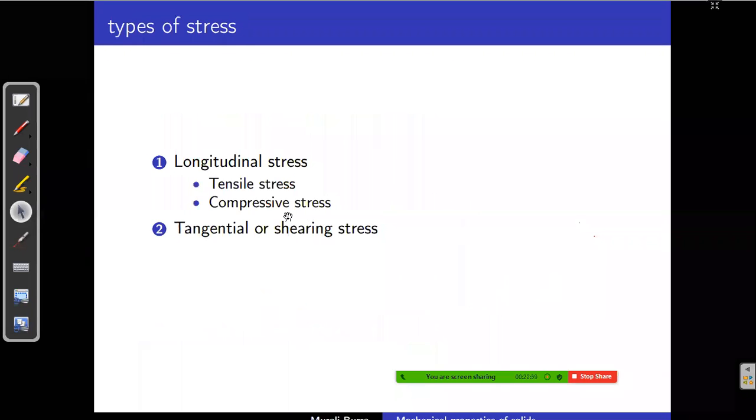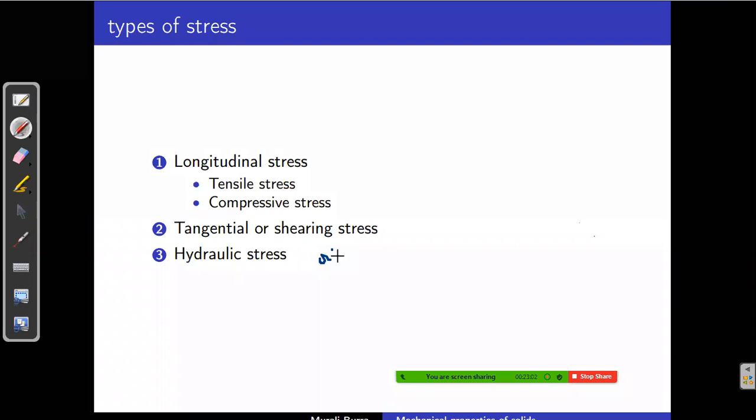Most of the times if we are speaking about tangential stress, we generally call it shearing stress only. Next, hydraulic stress. Hydraulic stress or volumetric stress, also we can call volume stress.